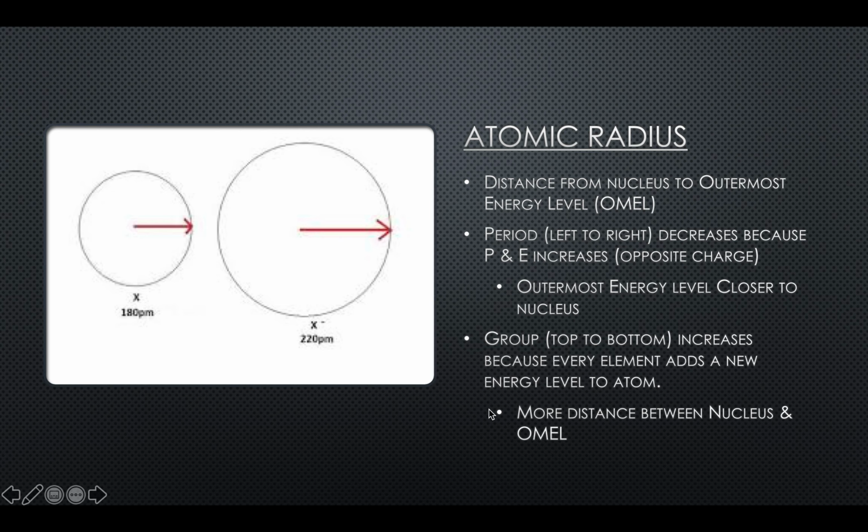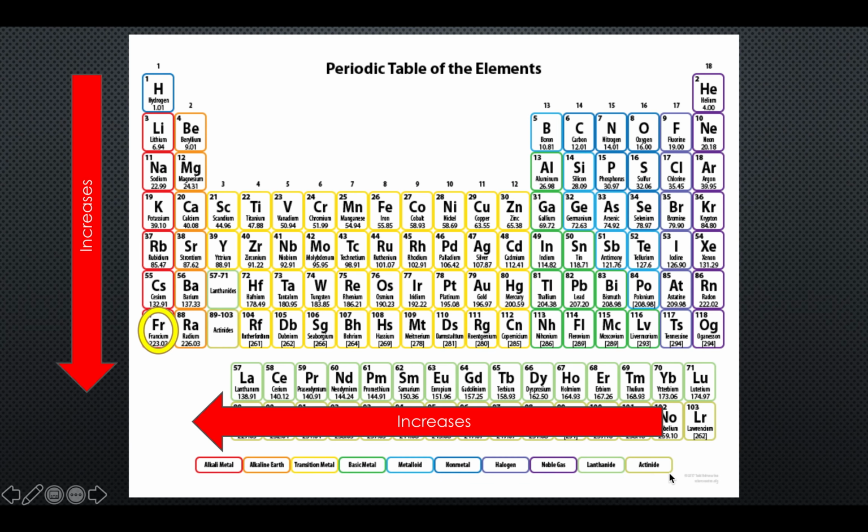More distance between the nucleus and the outermost energy level gives you a greater atomic radius. So as it goes down the periodic table, it increases. As it goes from right to left, it increases.